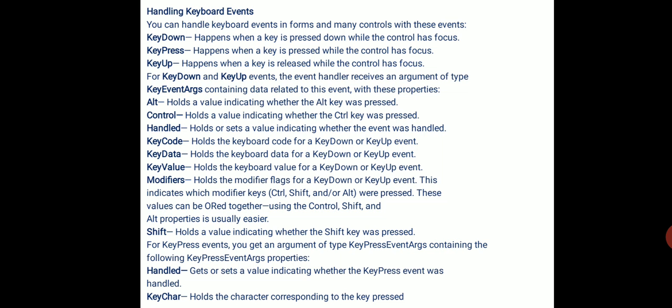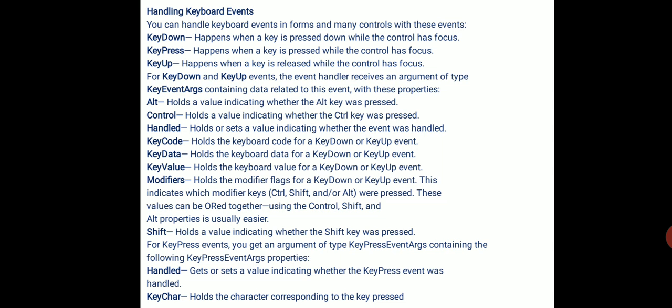Modifier flags indicate which modifier key was pressed. The modifier keys are Control, Shift or Alt. Okay, so these are the modifier keys: Control, Shift, Alt. So Modifiers holds the modifier flags for key down and key up event if these modifier keys were pressed.